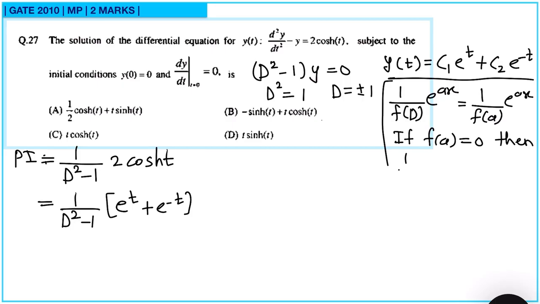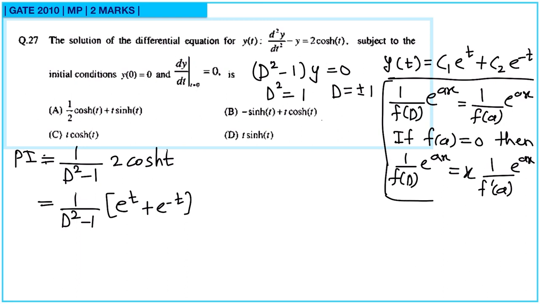So this will become 1 upon f of d operated on e raised to x, equal to, taking this x outside, x upon f dash of a into e raised to ax. This is the formula that we have to use here.